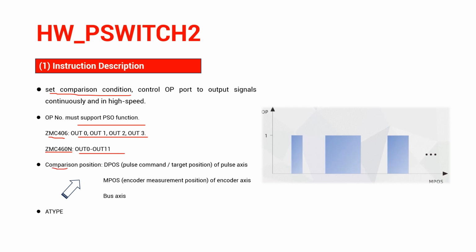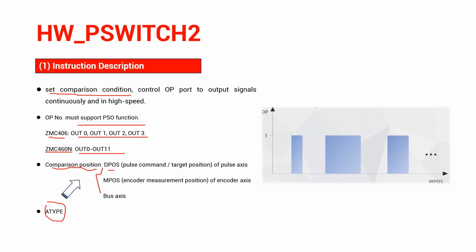Then, confirm the position to be compared. There are also several kinds of positions. Generally, feedback position of encoder will be used as comparison position. When there is no encoder, we can use pulse output. And this depends on ATYPE.